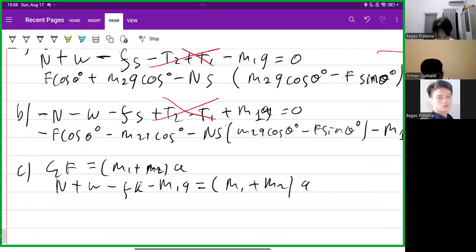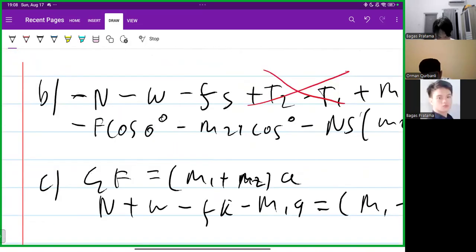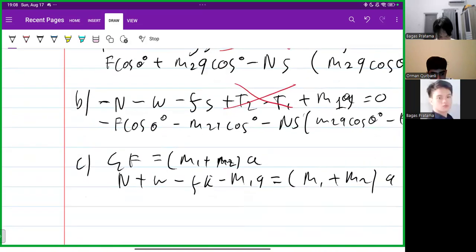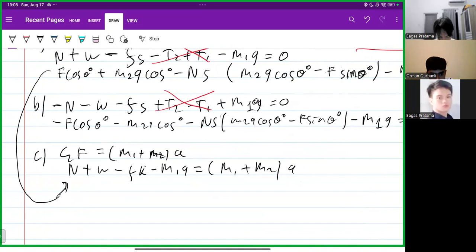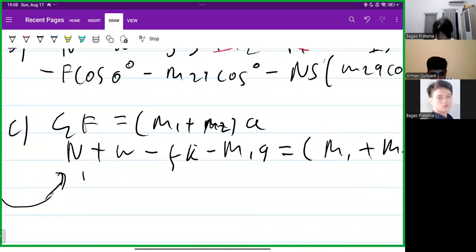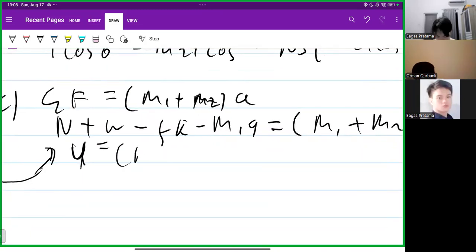Okay, then it's the same as this. We just put in u equals m1 plus m2 times a, the acceleration.